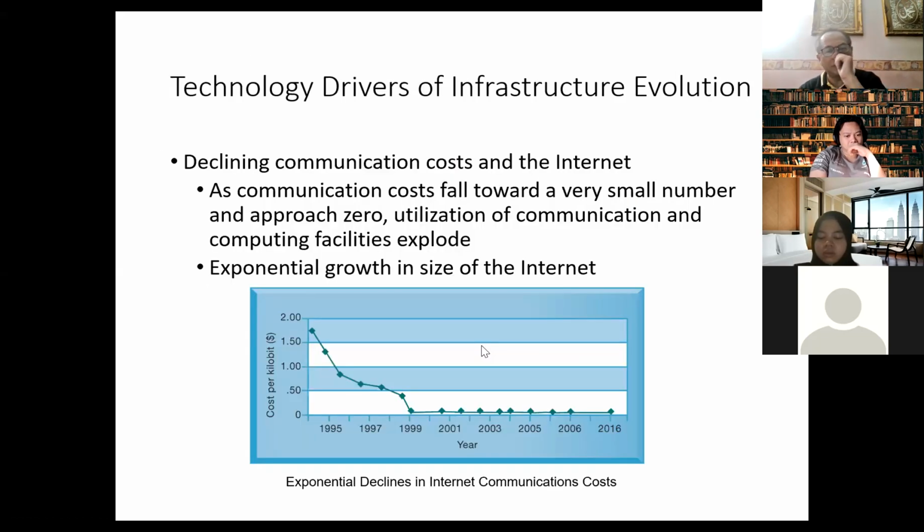There is also declining telecommunication cost. If I can recall, when the internet first came to Malaysia, it cost about 2.5 cents per minute. Every time you used the internet, you counted the time because it cost about 2.5 cents per minute. With the reduction of communication cost, there was exponential growth in the size of the internet.